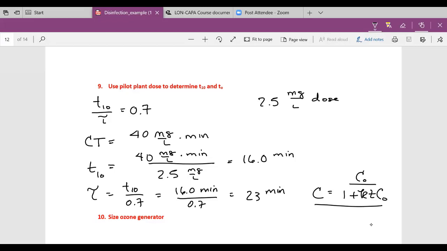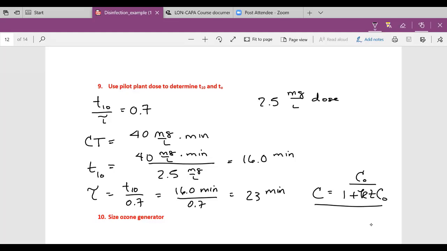This T10 ratio is based on the client's desire for a basin with superior performance. The CT value of 40 was based on the analysis we did based on water quality and the requirements in terms of CT credit removal and the CT credit.